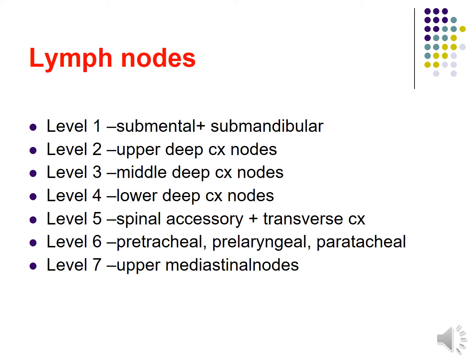Level 5 is the spinal accessory plus transverse cervical group of lymph nodes. Then level 6 is the pretracheal, paratracheal or prelaryngeal group of lymph nodes. Then level 7 is the upper mediastinal group of lymph nodes.